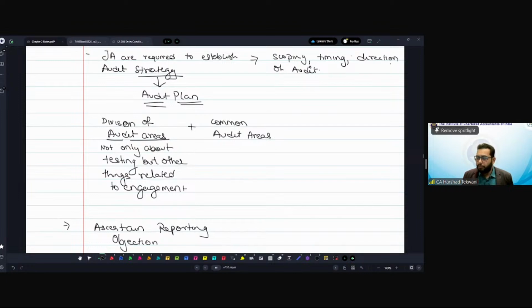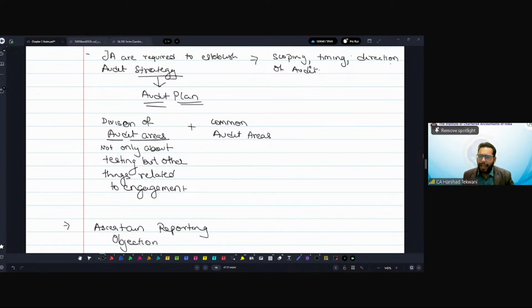Audit fees. Audit fees, okay. Anyone else? The geographical area location.